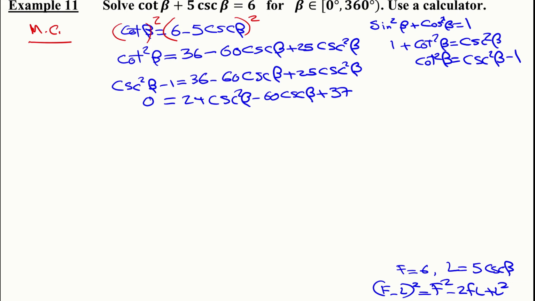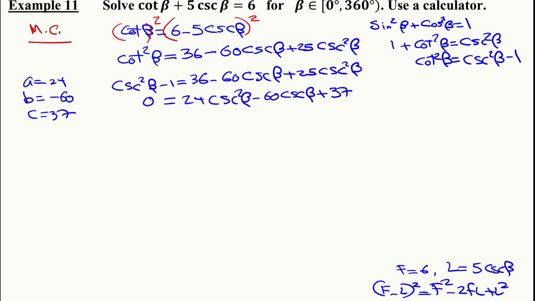So we get, you notice that A equals 24, B equals negative 60, and C equals 37. What normally plays the role of X in the quadratic formula is actually cosecant of beta here.